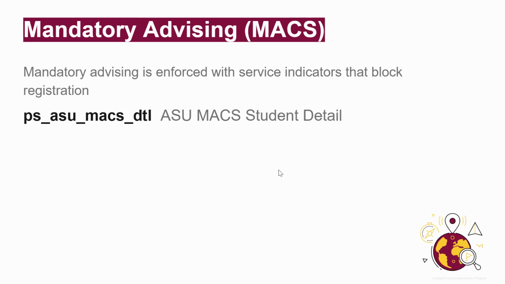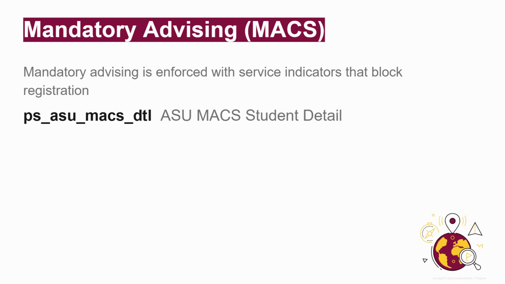Next is mandatory advising, which may not be mandatory. The mandatory advising system is used for academic units to organize which students they need to advise and for what reason. And that allows them to control which office that student is referred to for whatever the issue is.